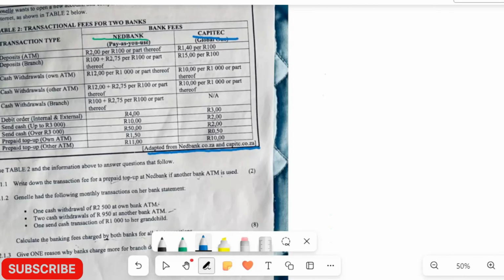Okay, so here is the prepaid top-up, is the last one if you are using another bank or other ATM. So it's 11 rands. 2.1.1. It's 11 rands.